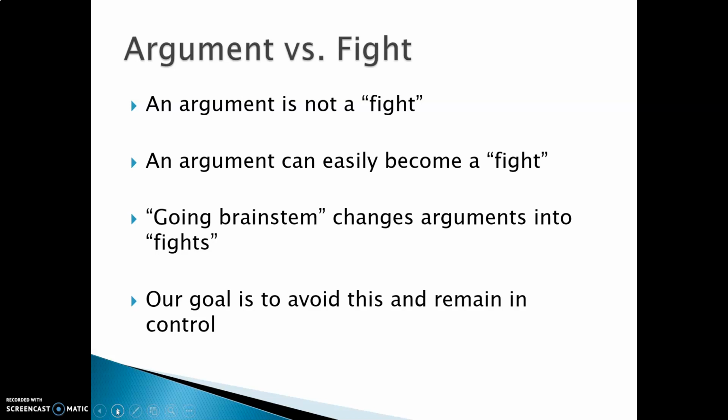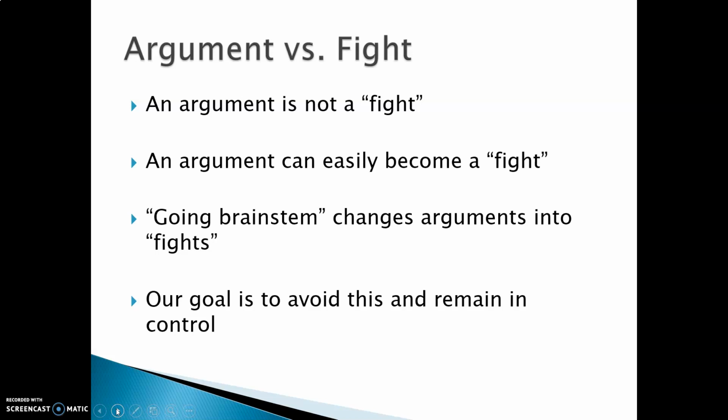It's about presenting an issue and discussing this issue in a rational way. A little emotion can come into it, but it can't get out of control. If it gets out of control, then it becomes a fight. As soon as your thinking turns off in an argument, then you switch into a fight or flight mode.